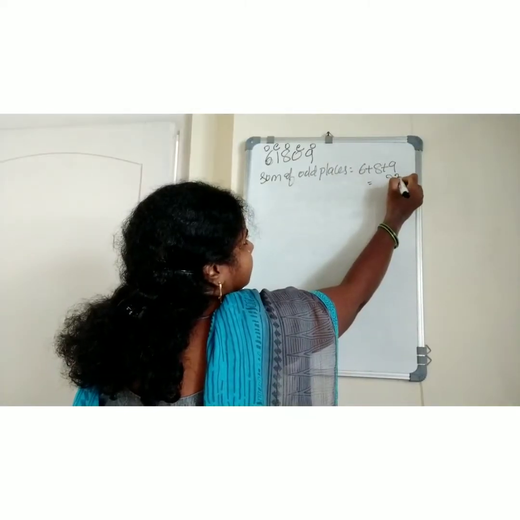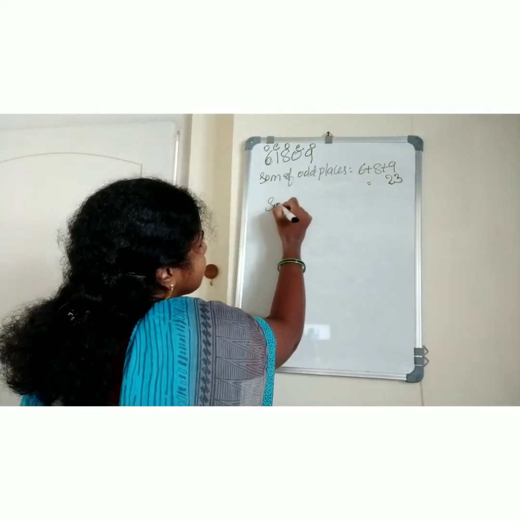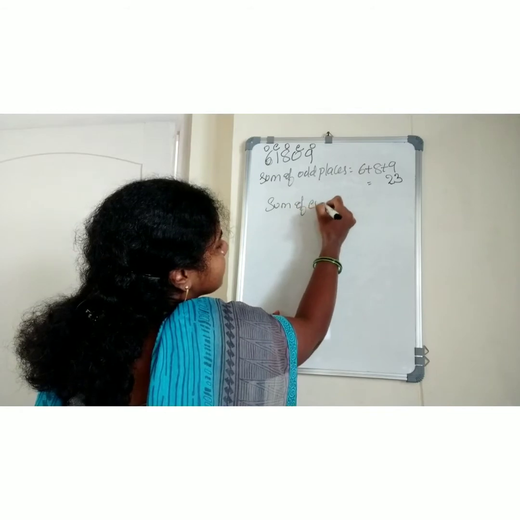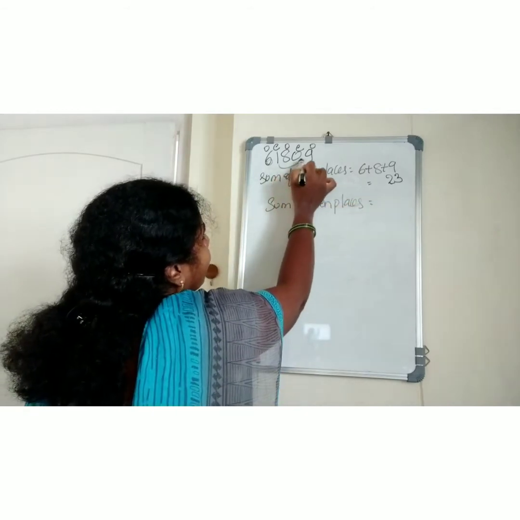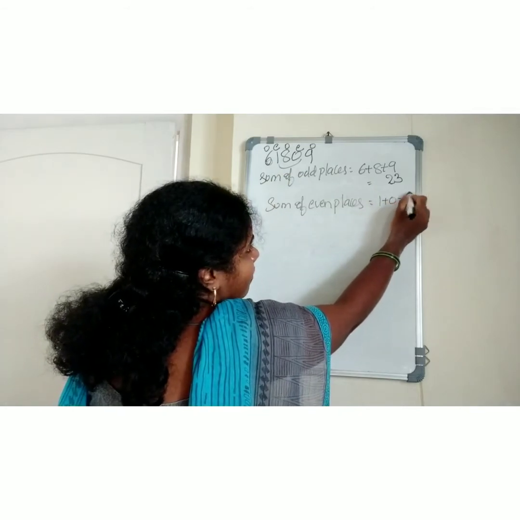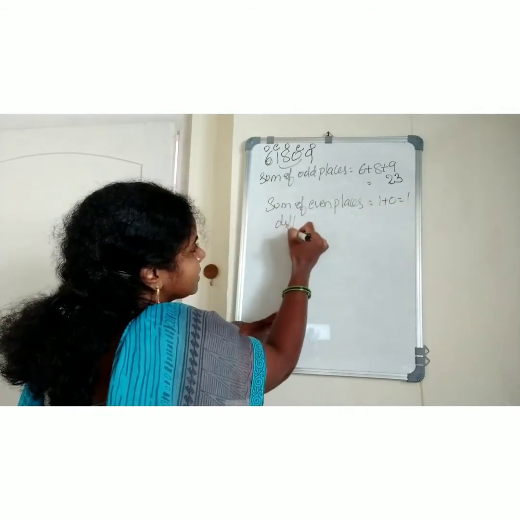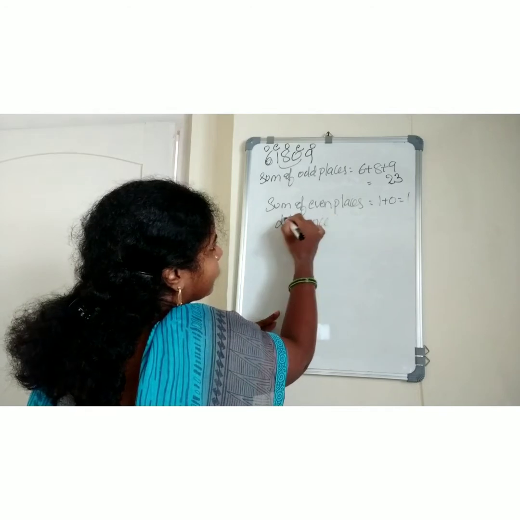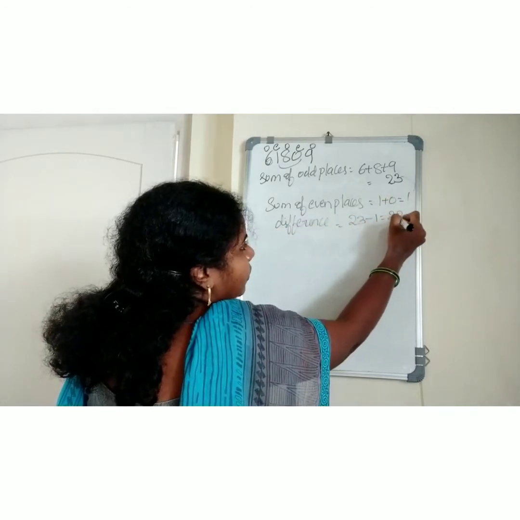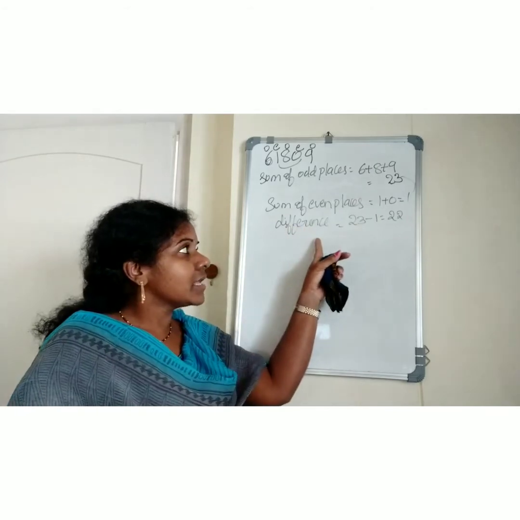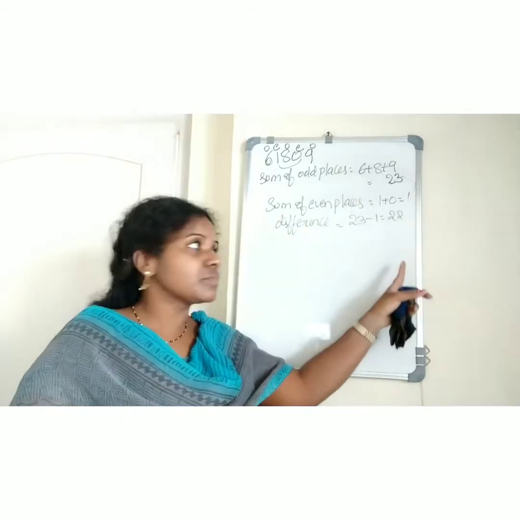Next, sum of even places is equal to 1 plus 0, that equals 1. Now the difference is equal to 23 minus 1, that is 22. Here the difference is either 0 or divisible by 11.